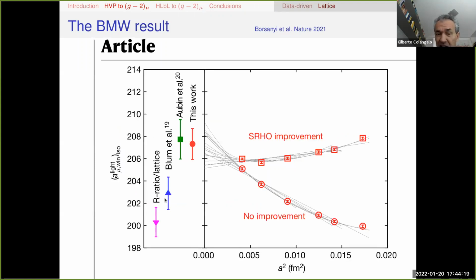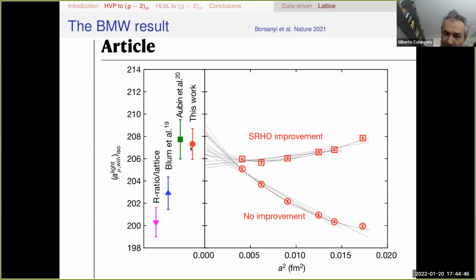And you see it gives a total which is much lower than the final. But because of this weight function, this quantity is easier to calculate than the total. And so although BMW is the only lattice collaboration which has done a complete calculation with such a precision for the window quantity, there are several other lattice calculations of a comparable precision.